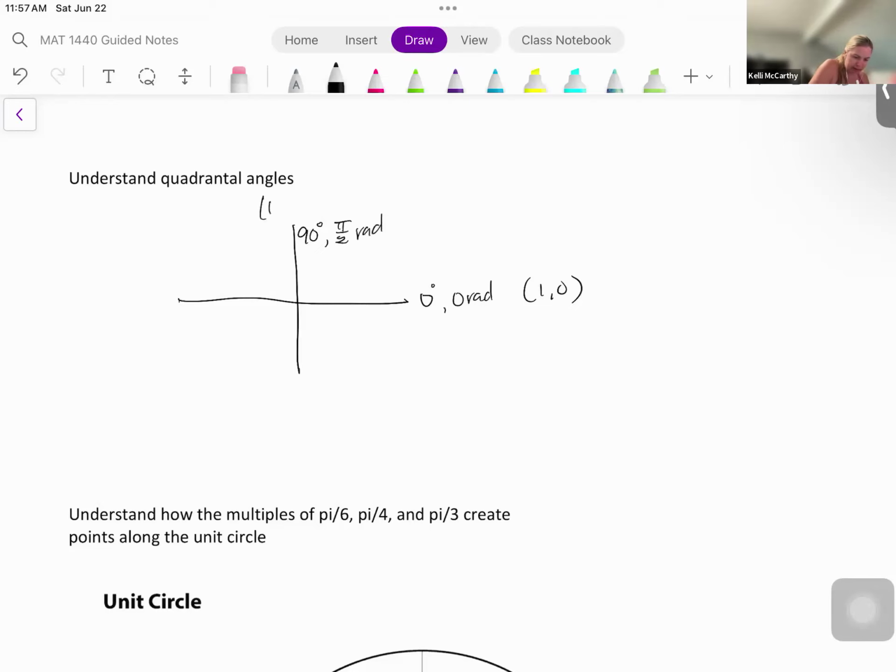And that ordered pair is 0, 1. Our negative x-axis is 180 degrees or pi radians. And that ordered pair is negative 1, 0. And our negative y-axis is 270 degrees or 3 pi over 2 radians.